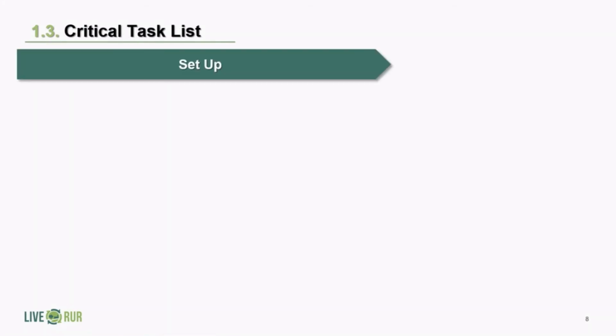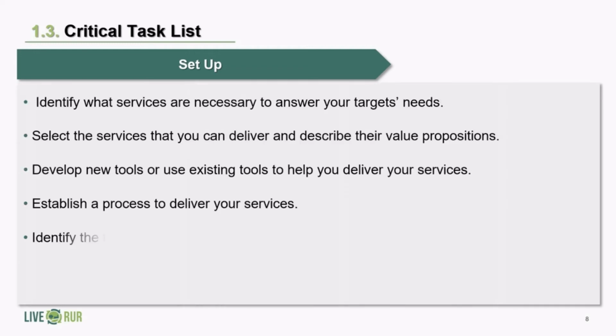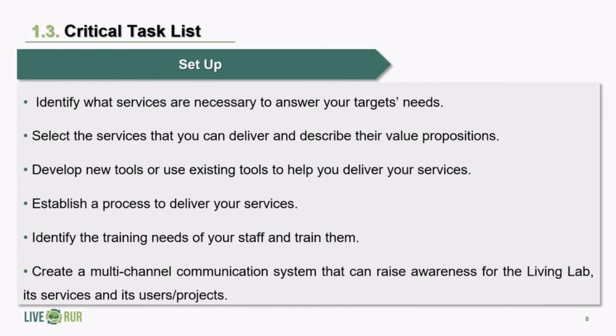When setting up the living lab, there are some critical tasks you should be carrying out in order to structure its service portfolio. You need to identify what services are necessary to answer your target's needs. Select the services that you can deliver and describe their value propositions. Develop new tools or use existing tools to help you deliver your services.